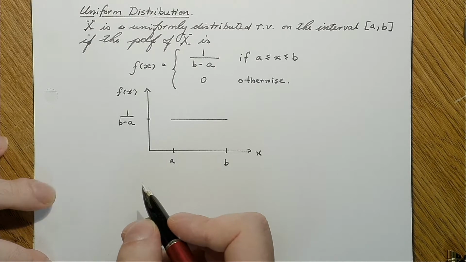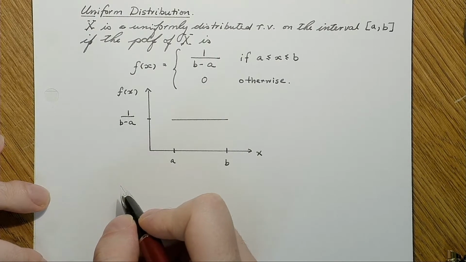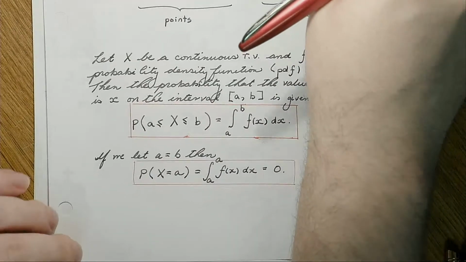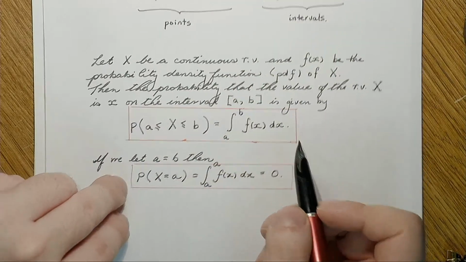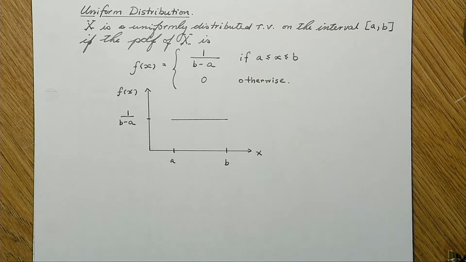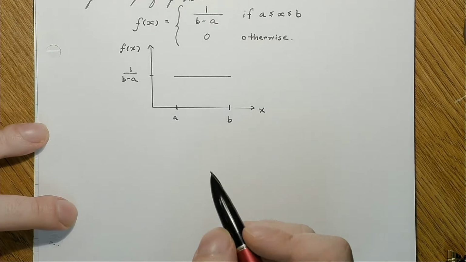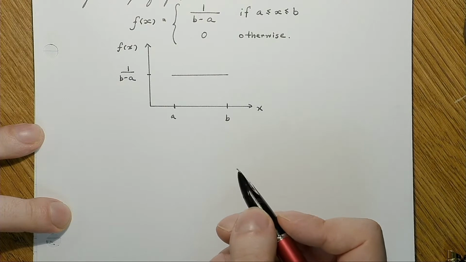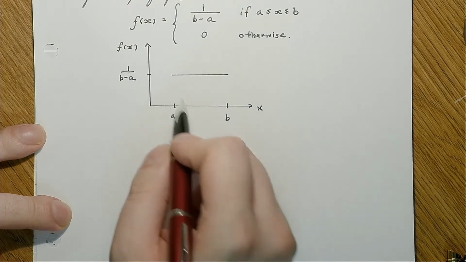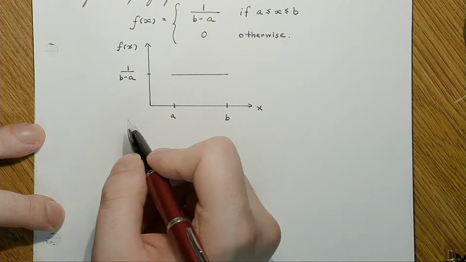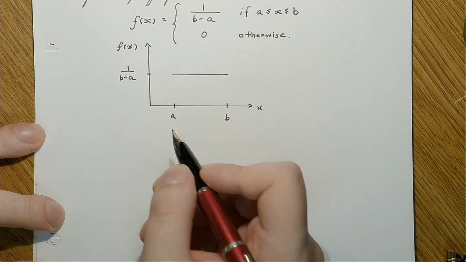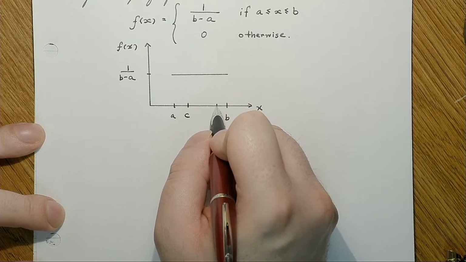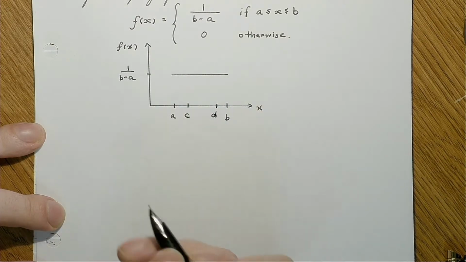Okay. And using our definition, let's say that I picked some values inside of it. Let me say I use C and D, something inside of there.